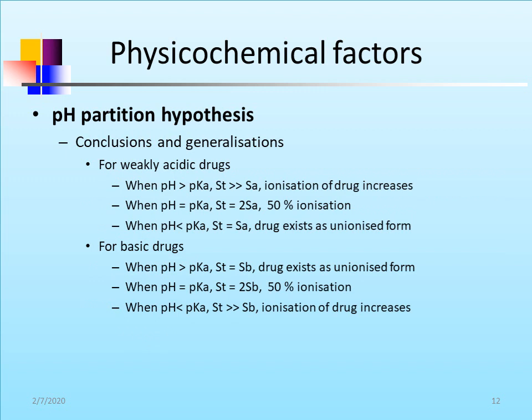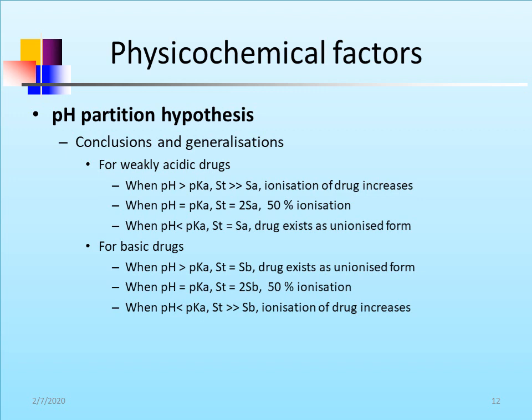It is possible to make certain generalizations with respect to the total solubility and the unionized fraction solubility. For example, for weakly acidic drugs, when the pH is greater than pK, St is much greater than Sa and ionization of the drug increases.